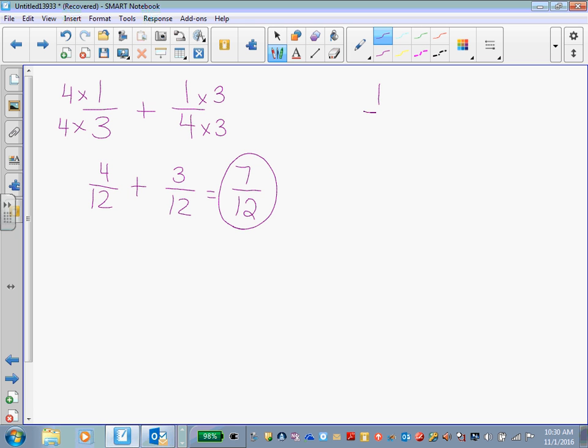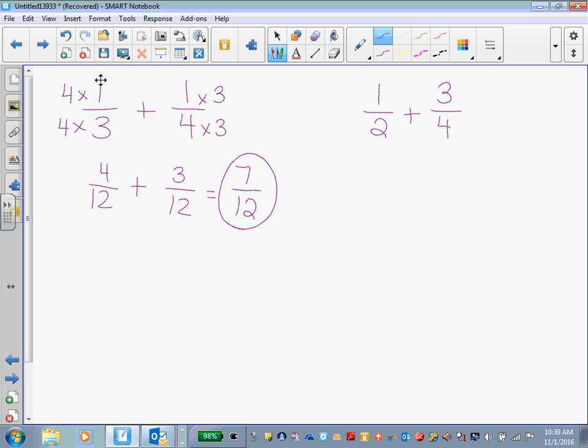We have 1/2 plus 3/4. What are my two denominators? Mason, 2 and 4. So let's see, Gabe. What denominator am I going to multiply both the numerator and the denominator by for the 1/2 fraction?